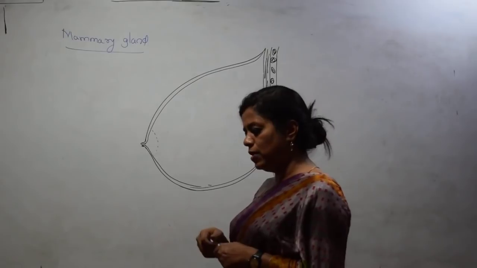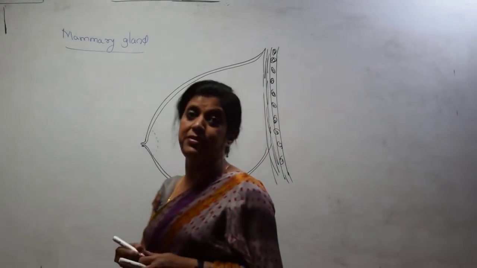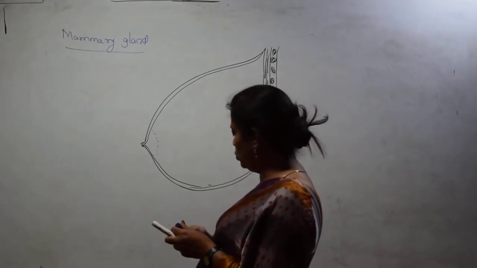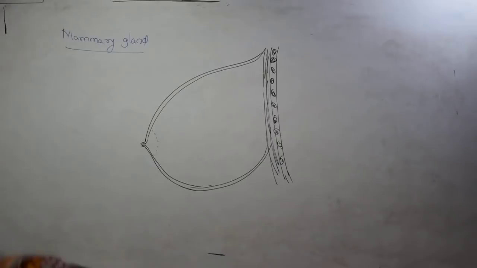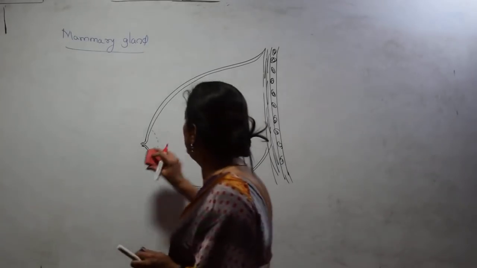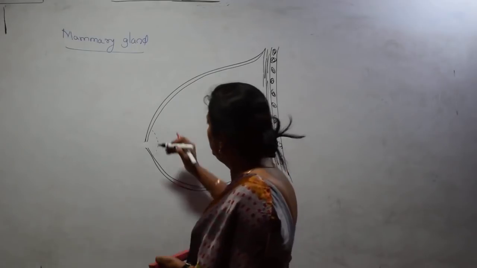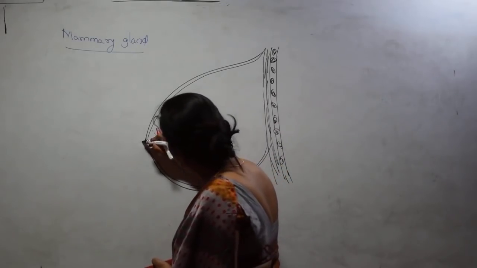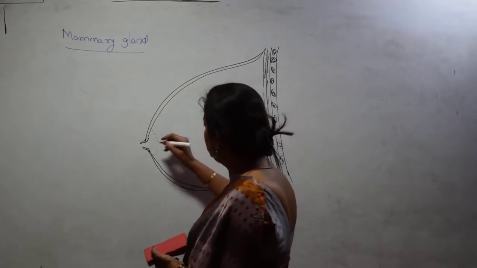Now in this I will draw small lactiferous ducts. There are two lactiferous ducts. Whenever you are drawing, remember that you have to draw it properly. So here, let me draw two lactiferous ducts. This is the nipple structure I am drawing.